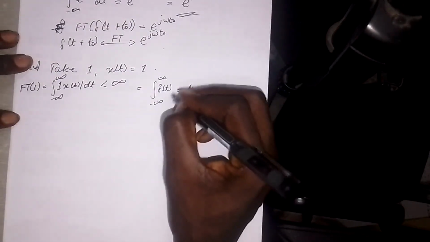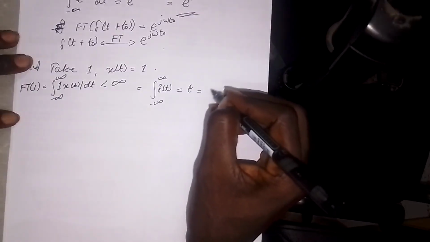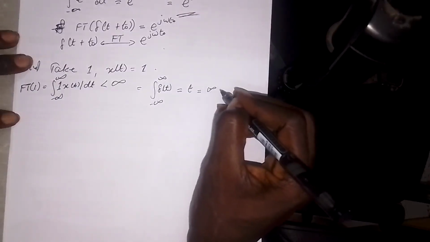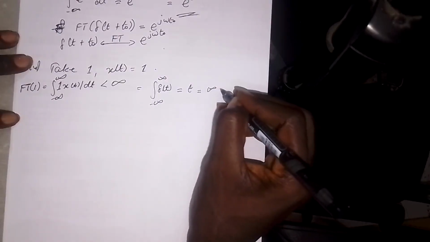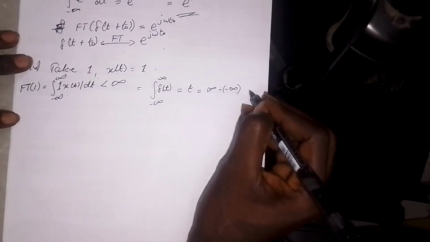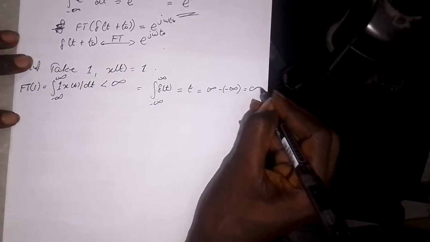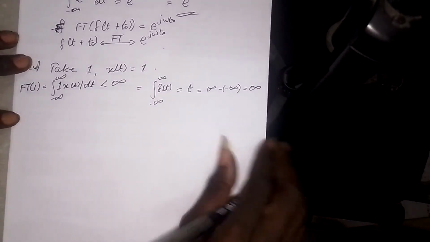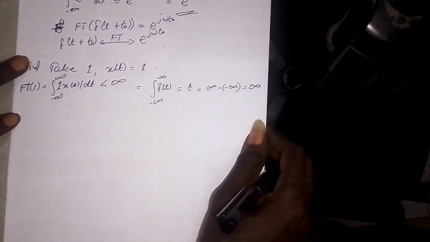And if I introduce the limits, I'm going to have infinity minus minus infinity, which is equal to infinity.